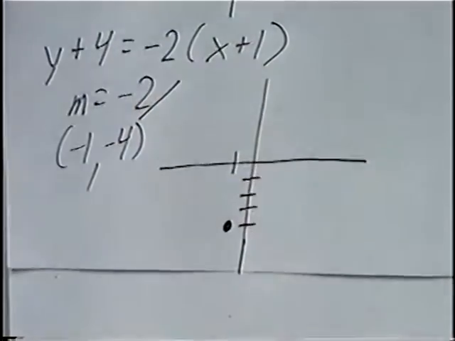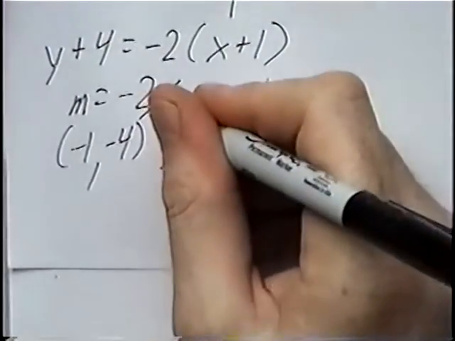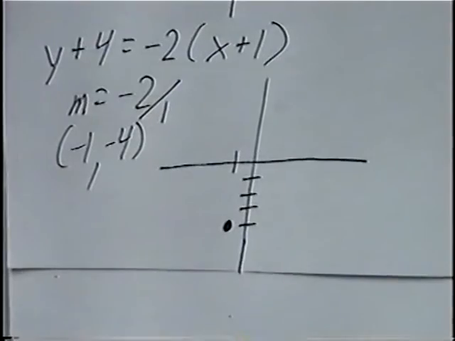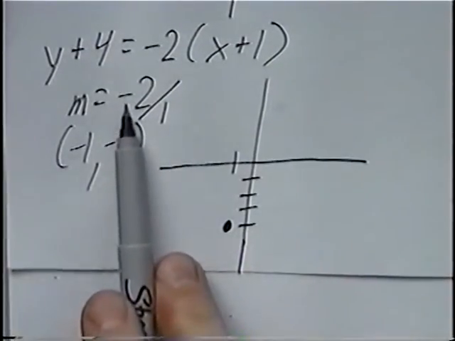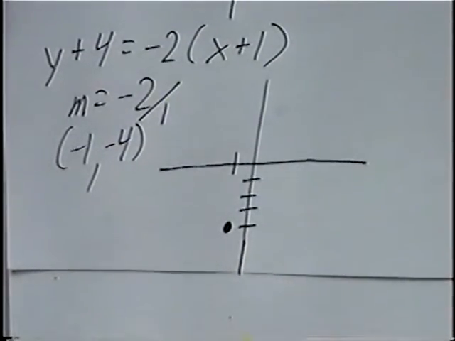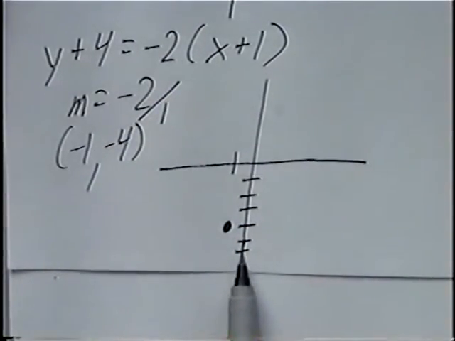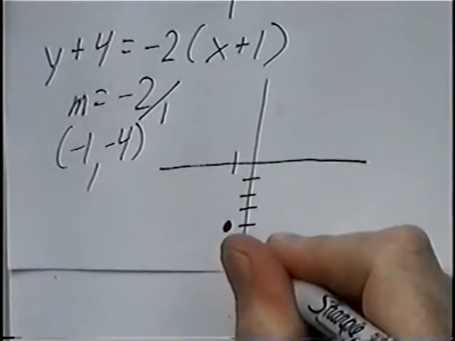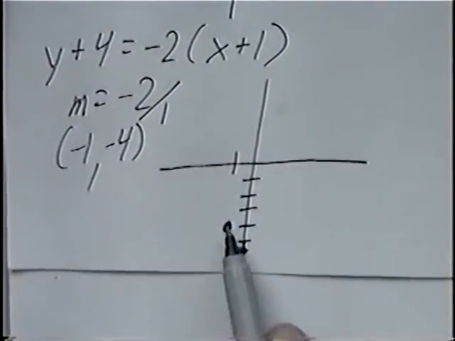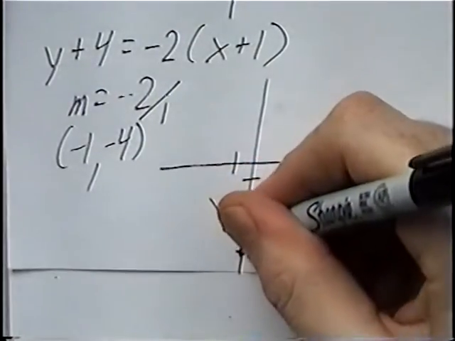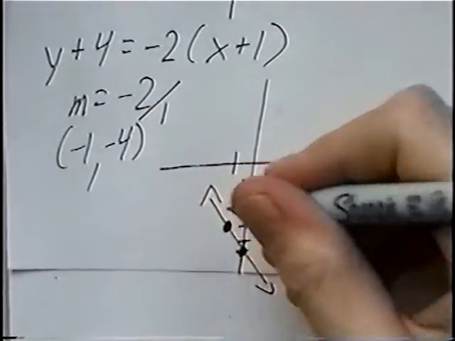Again, we can make this a fraction. Anytime you make a number a fraction, we can put a 1 for the denominator. Negative 2 means we'll go down 2 spots instead of up 2. So 2 spots down from the point and 1 spot to the right. And taking these 2 points, we can connect it to get the graph for the equation.